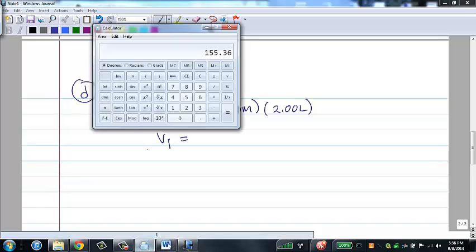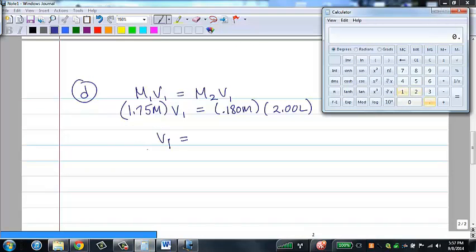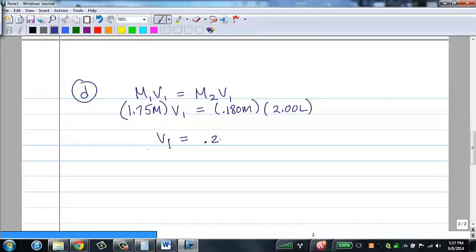So V1 is equal to 0.18 times 2 divided by 1.75. That's equal to 0.2057. Let's call it 0.206 liters.